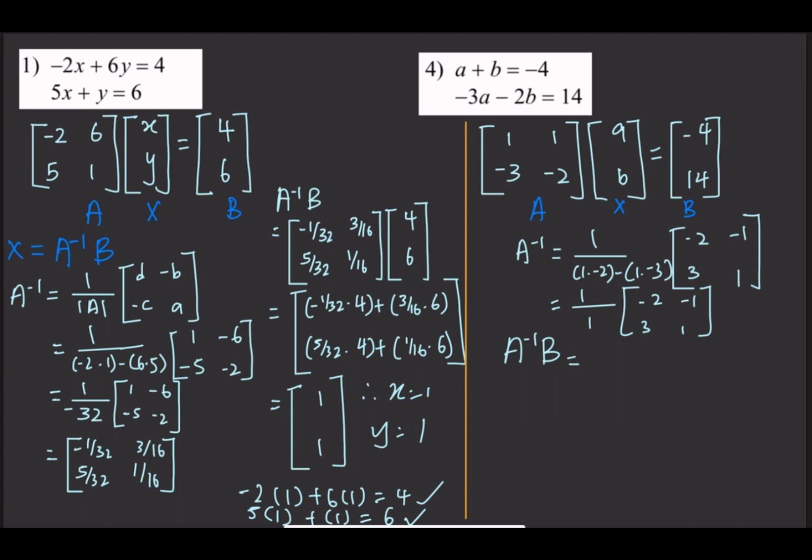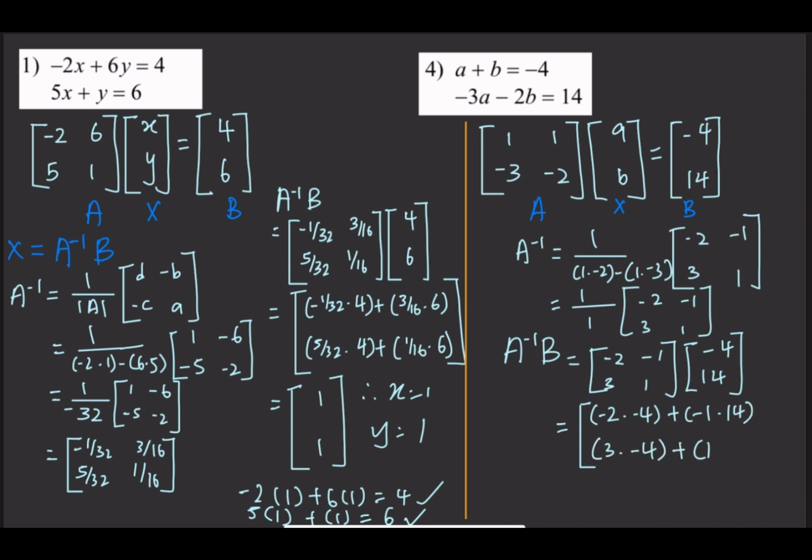Negative 1 times the matrix here is the same, so I'll just take negative 1, negative 2, negative 1, 3, 1, multiplied by negative 4 and 14. You will get negative 2 multiplied by negative 4 plus negative 1 multiplied by 14, 3 multiplied by negative 4 plus 1 multiplied by 14.